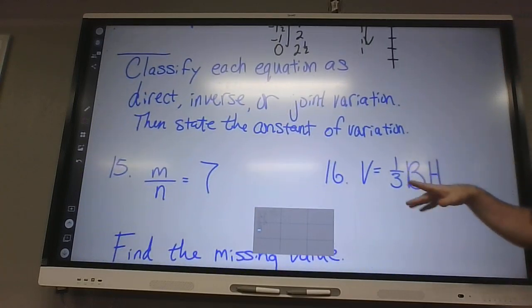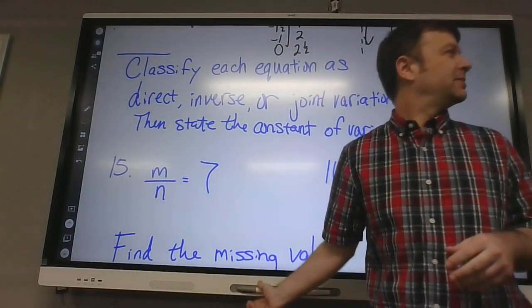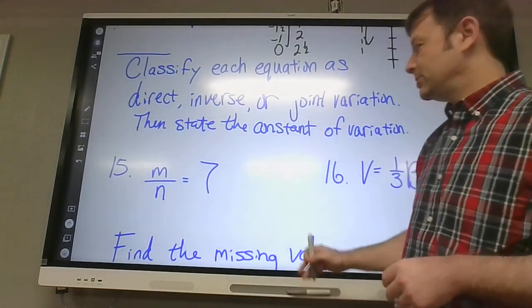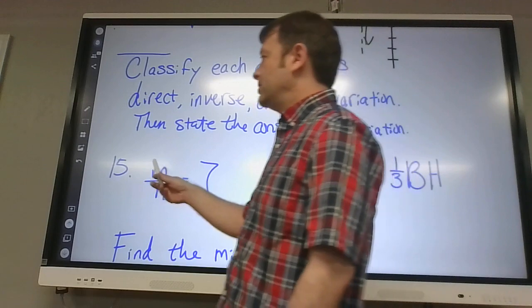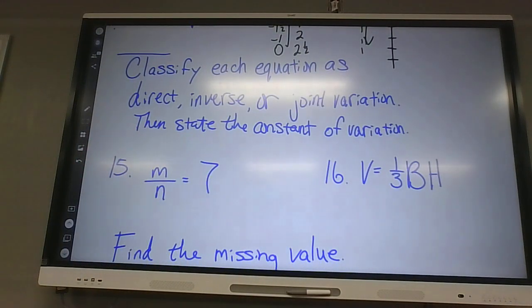Okay, I will leave the direct inverse stuff on the board. So is 15 direct, inverse, or joint variation? Okay, I guess we're not doing too bad. Remember that k, what did k stand for? It's the constant. So in this case, 15 looks like this one, so it is direct.